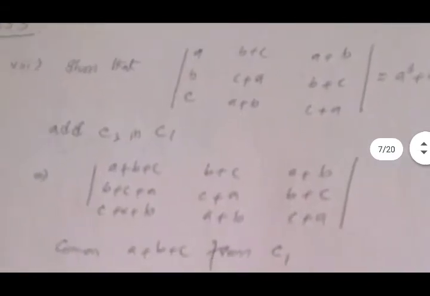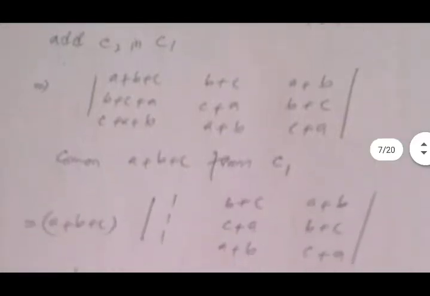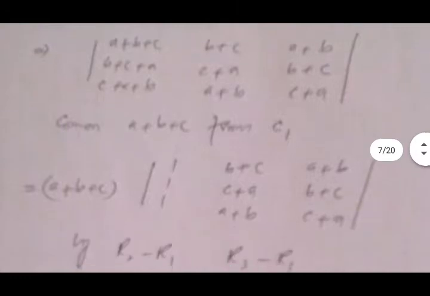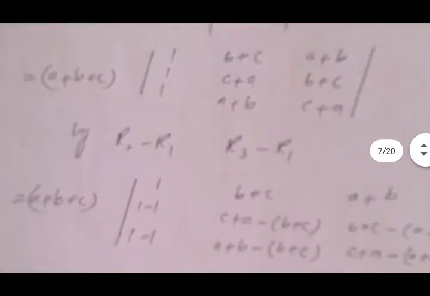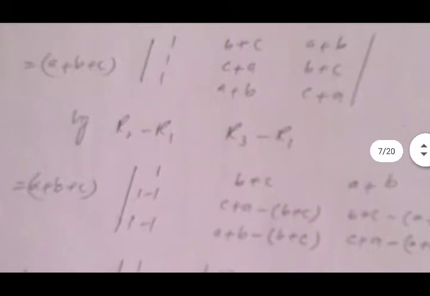Here we follow the same process as the last question. We add column 2 to column 1. In the first column all values are the same, so we take them common, and then the same process: all values are 1, we subtract R2 minus R1, R3 minus R1.